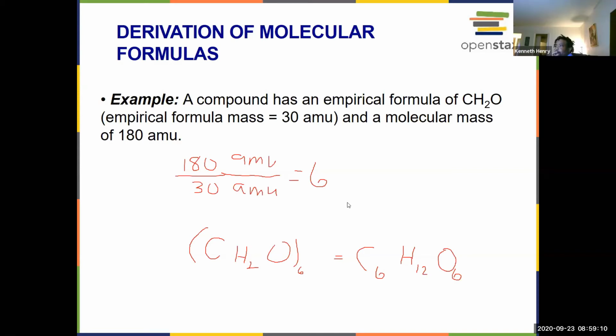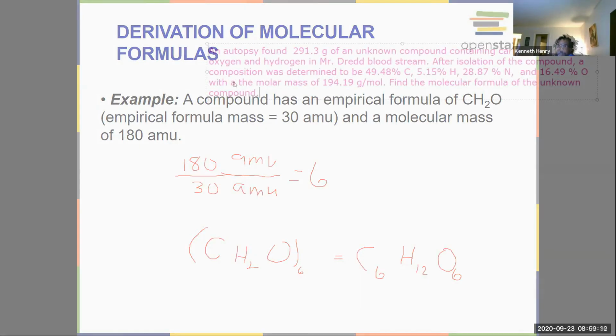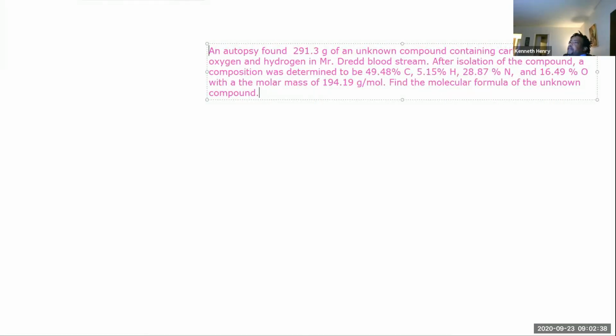Okay, so let's move on to something new. An autopsy found 291.3 grams of an unknown compound containing carbon, nitrogen, oxygen, and hydrogen in Mr. Dredd's bloodstream.